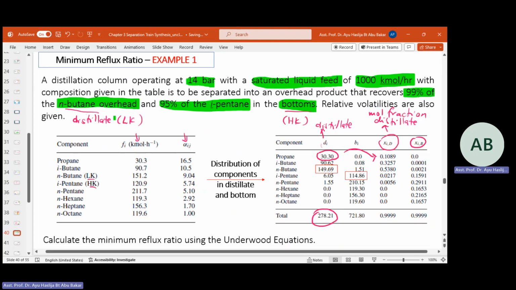So this one is Di over D total. Di over D total, then you get the xiD. Same goes for the mole fraction for bottom. For the pentane over here, the mole per hour in the bottom over the total mole. Then you'll get the fraction.